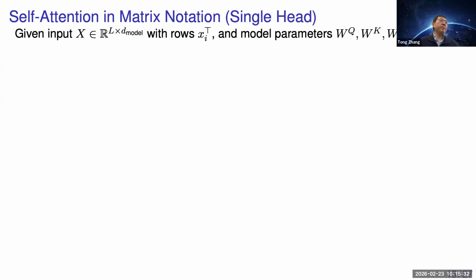Now we can say this can be written in matrix form. So this is where the parallelization comes in. You have an input. You have L tokens. Each token has dimension d, the model dimension. So therefore, you can form that matrix. Also, you have a batch size in the first dimension. So it's a three-dimensional tensor: batch size, then L, then d, right? These are the rows. Each row is a token representation, and you have model parameters.